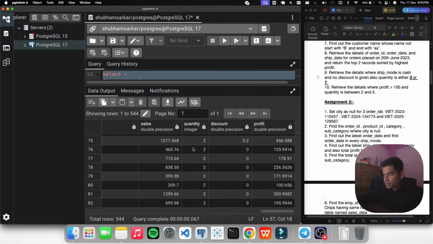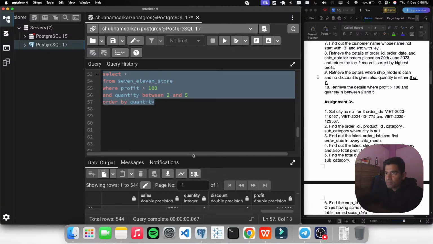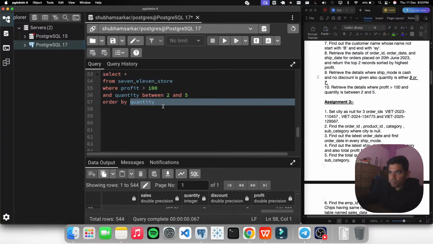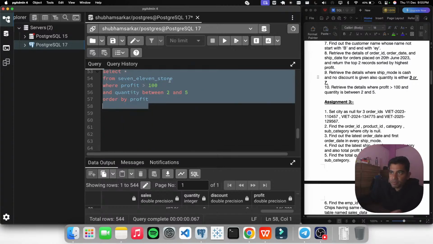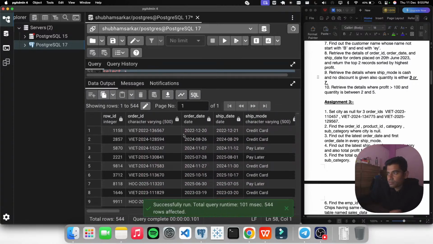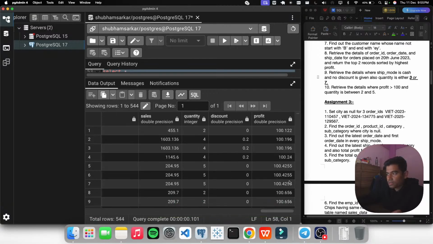Now let's see for the profit what we have. For profit we have proper values more than 100. If it is 100.1 then also it will be included because anyhow it is more than 100, right? So more than 100 is here and in this we can check out the solution for that.